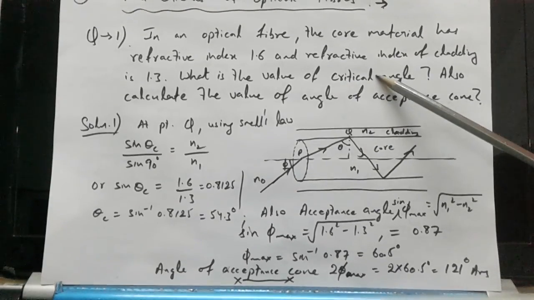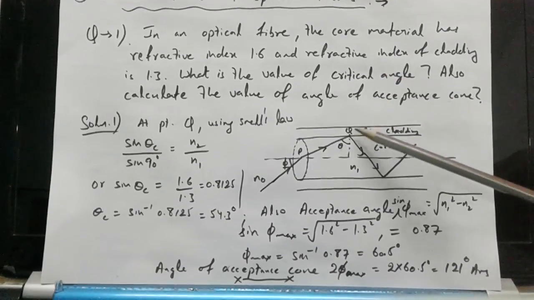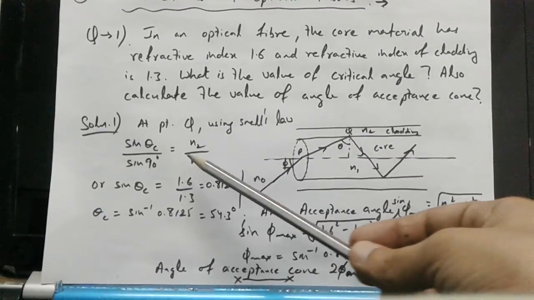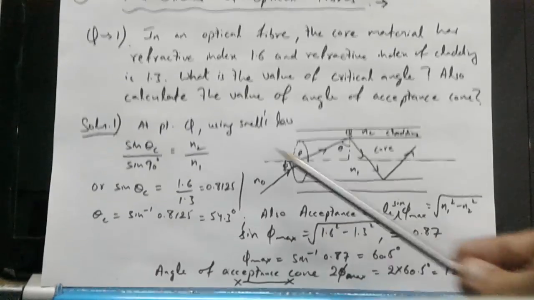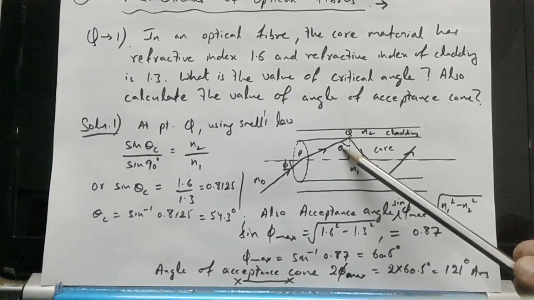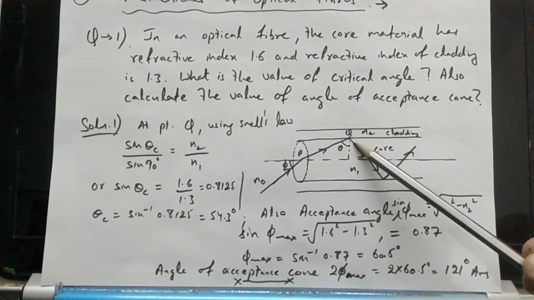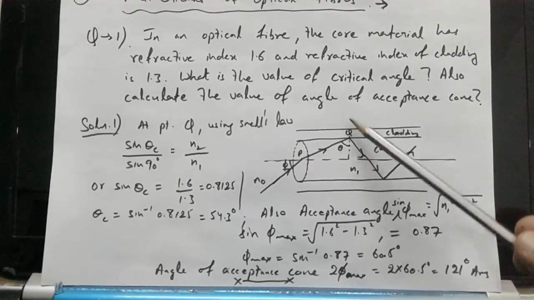Now we have to find the critical angle. So at point Q we use the Snell's law. So when the theta angle is equal to critical angle, then this angle of refraction is 90 degree.